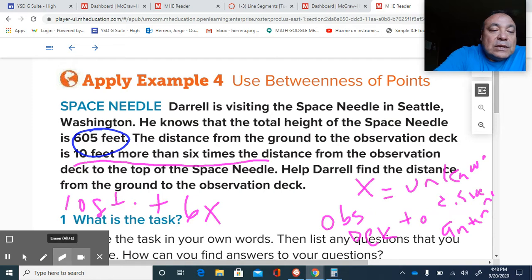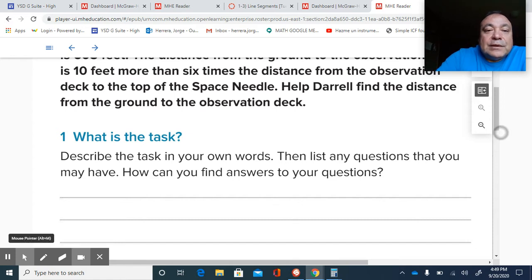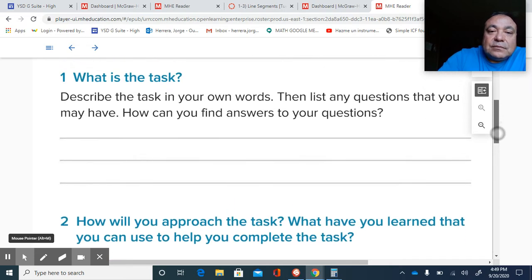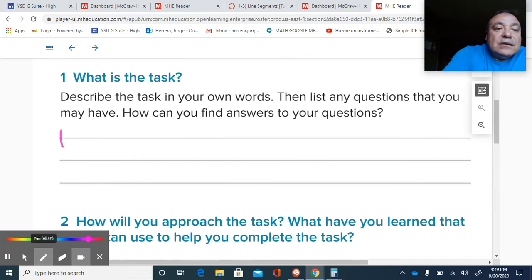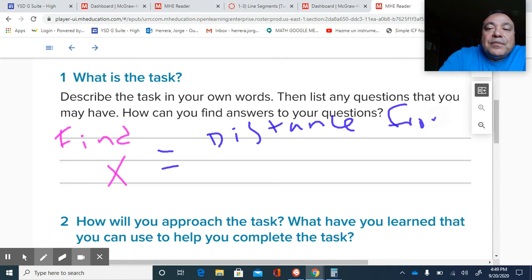Okay, so let's start answering our strategy to be able to do this. What is the task, guys? We need to find x, and if we find x, that would equal the distance from the observation deck to the antenna, guys.